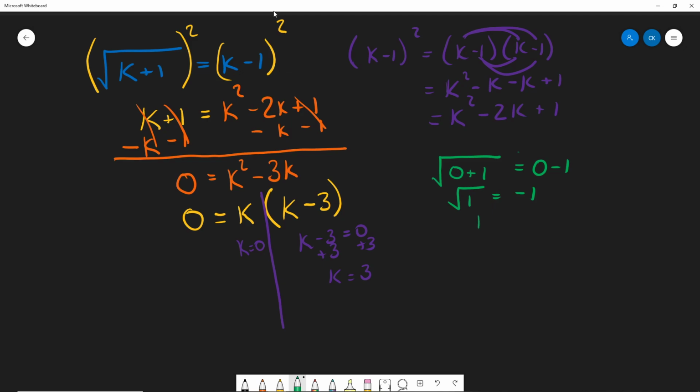The square root of 1 is 1. And here I get 1 equals negative 1. But this is not correct. 1 doesn't equal negative 1. So this here, this is what we consider to be an extraneous solution.